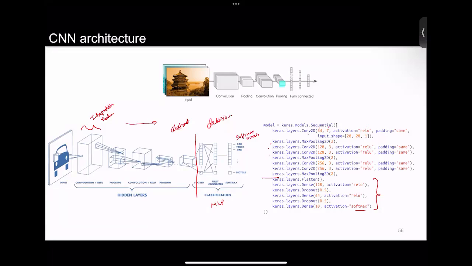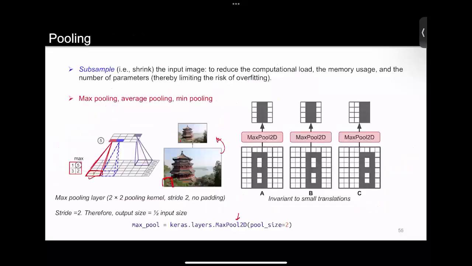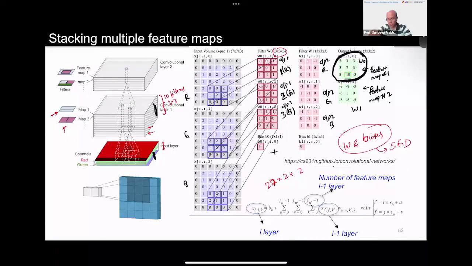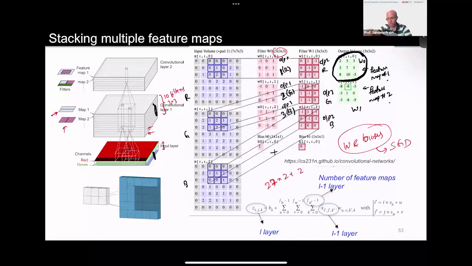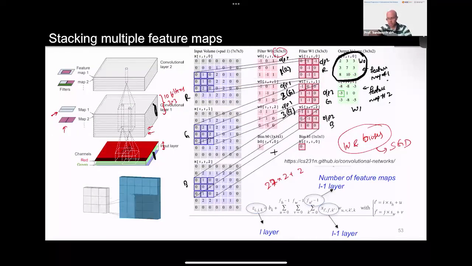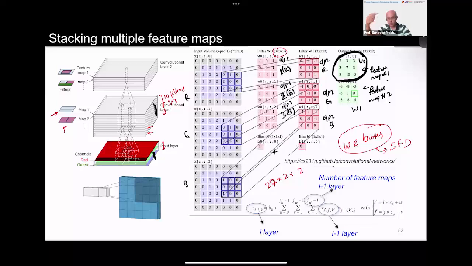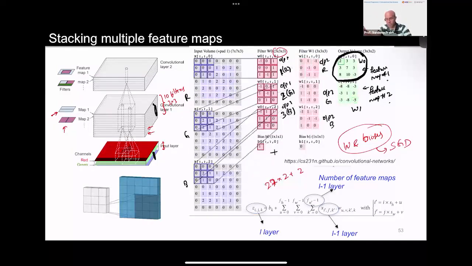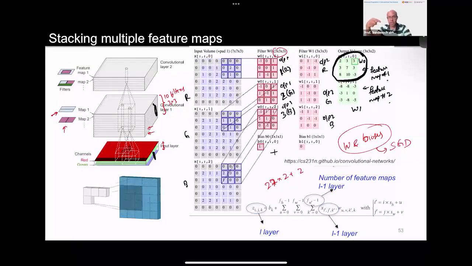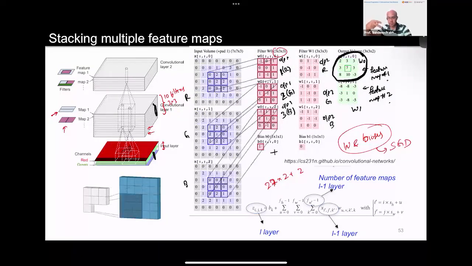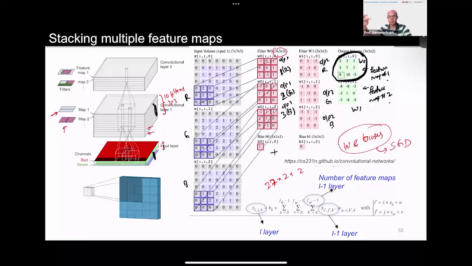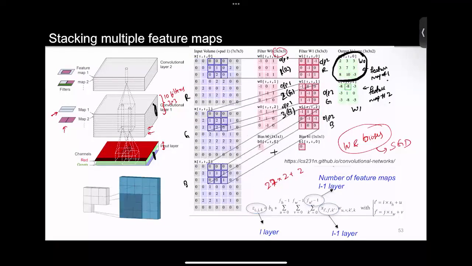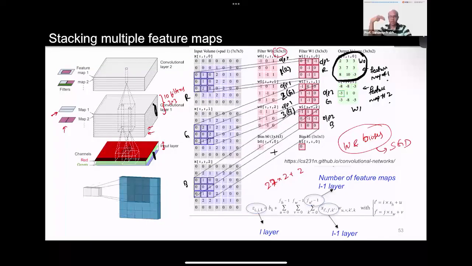Here, for example, I require two, going from 3 to 2. W0 is for output feature map 1, W1 is for output feature map 2. But each of these filters is 3 by 3 times 3, where 3 corresponds to the input channels.